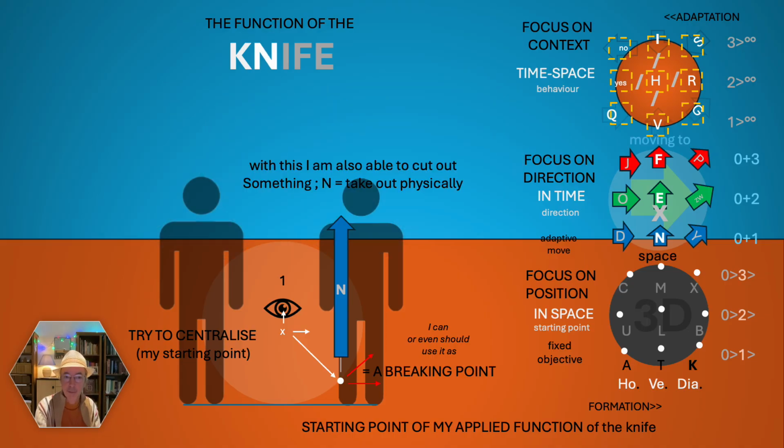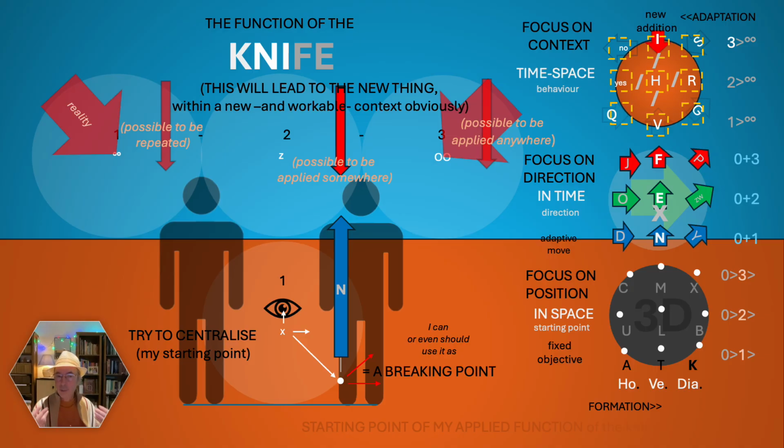Not just as a breaking point, but I will also use it, just read it in the system, to take something out physically. Within a certain space, I will take something out. And this will lead to a new thing, something new, something workable, something with a new context.